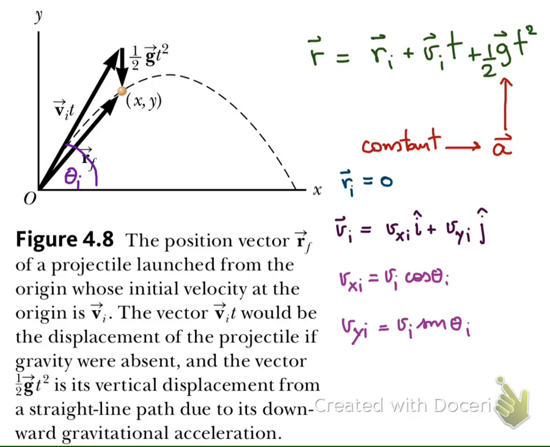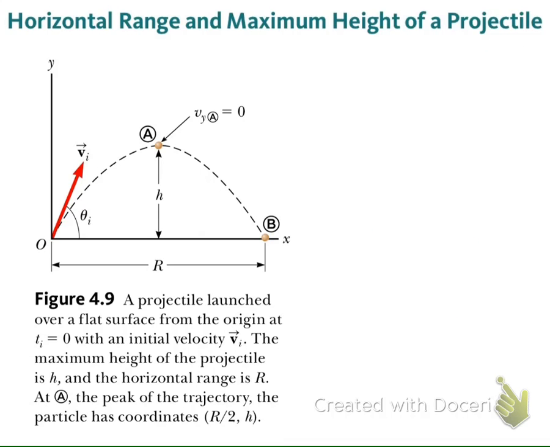Okay, now once we know the equation of the path of a projectile, we can next calculate the horizontal length and the maximum height of a projectile. First, look at the horizontal length. The horizontal length is the distance where the object hits the ground.